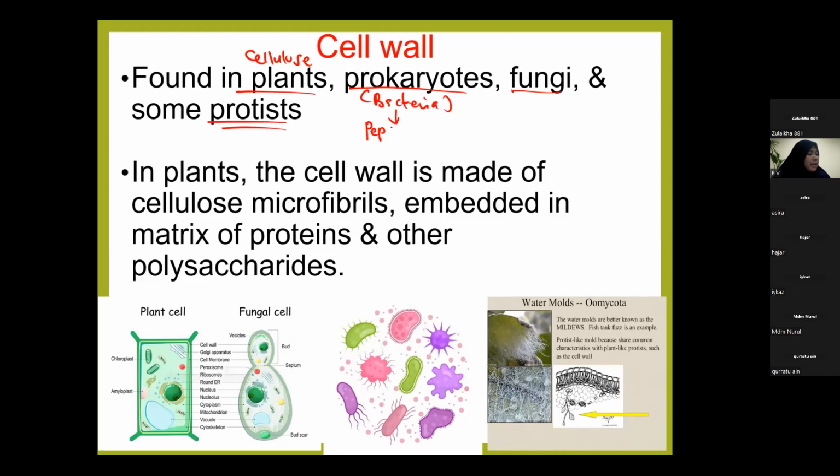Tengok nota. Pepti? Sudah, lupa dah. Pepti? Peptido? Peptidoglycan. Peptidoglycan. Thank you very much. Peptidoglycan.